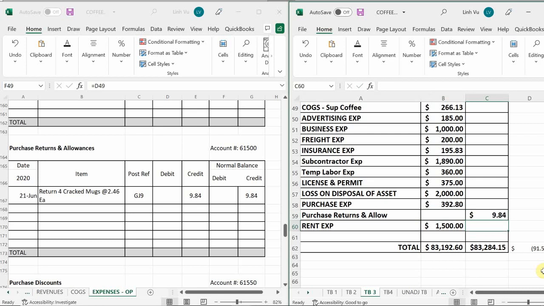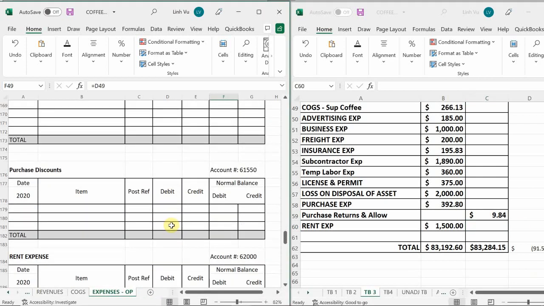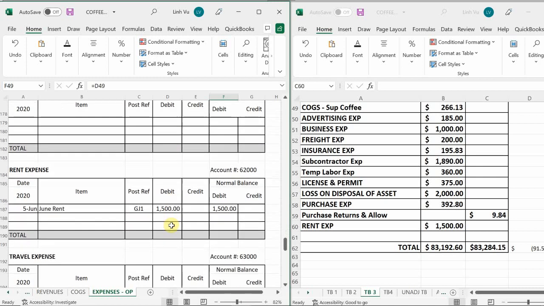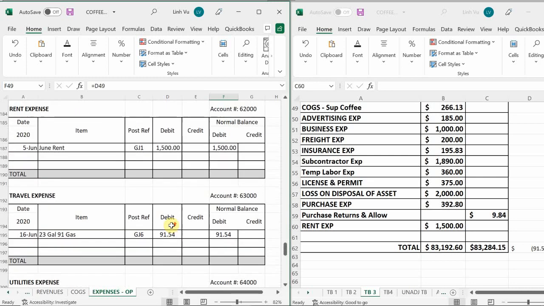And then, last but not least, no purchase discounts. Rent expense, 1,500, stays the same.